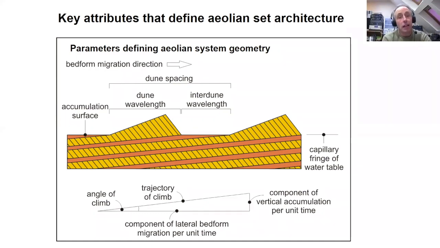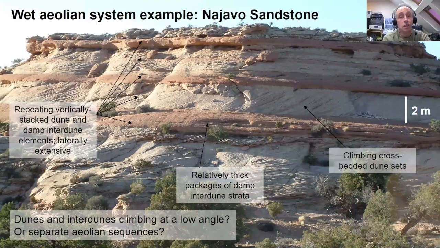If you take that last cartoon example, here's that opening slide that I showed. It's from the Navajo Jurassic in southeastern Utah. We can see cross-bedded strata of Aeolian origin in the light colours, and they're sandwiched between, in the red colours, interdune units. And if we track these units laterally over distances of hundreds of metres, or better still kilometres, we can see that these units are climbing at very low angles through the stratigraphy.